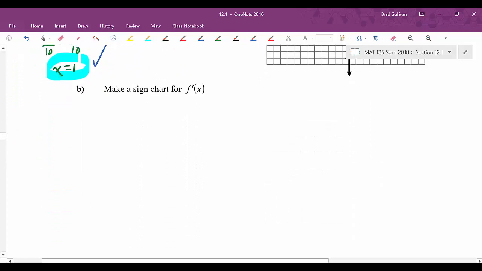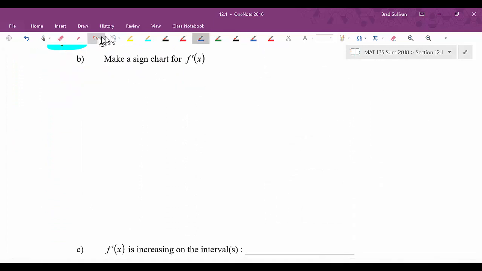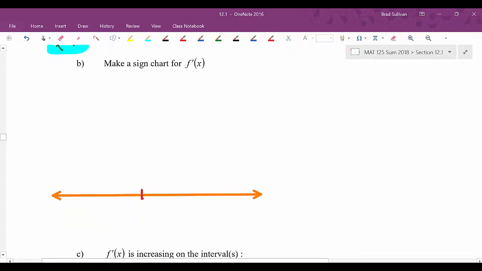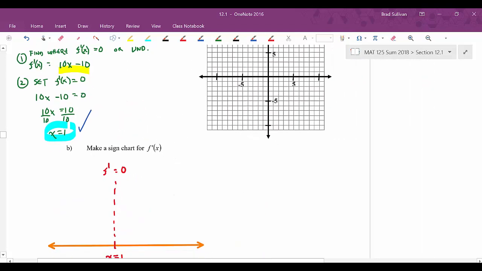Now what we're going to do is make a sign chart. Generally, if you make a sign chart, you just draw a number line, and you put your critical numbers on it. So we had a critical number of x equals 1. That's a place where the derivative f prime at 1 is equal to 0. Now we're going to write down the derivative.